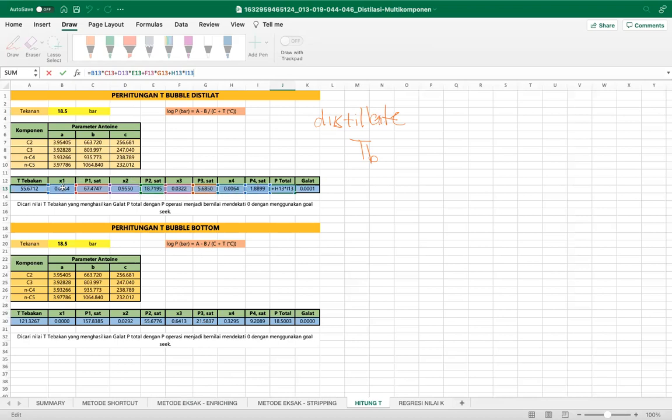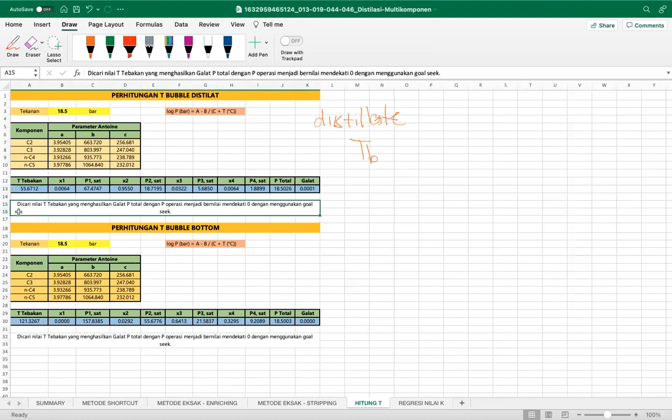You have each component from the distillate composition after the Fenske method, because you know the composition there. Okay, the bubble of the distillate, and then you get the temperature.